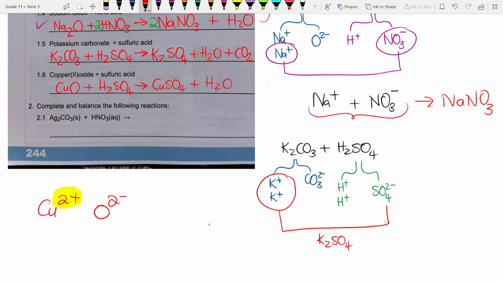Let's do question number 2.1 quickly. Complete and balance the following reaction: Ag2CO3 plus HNO3. What will be the products?